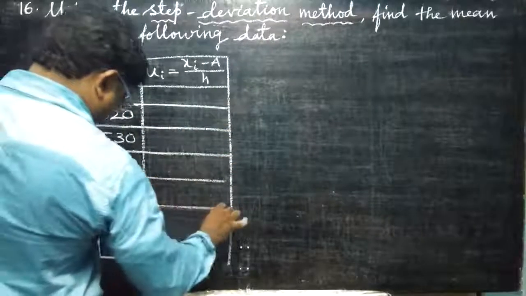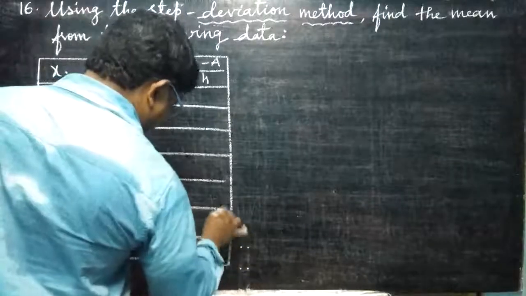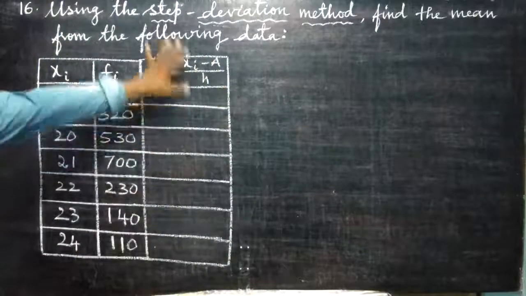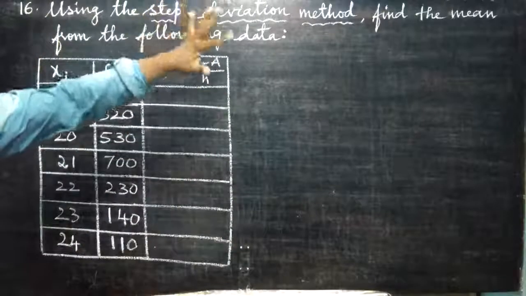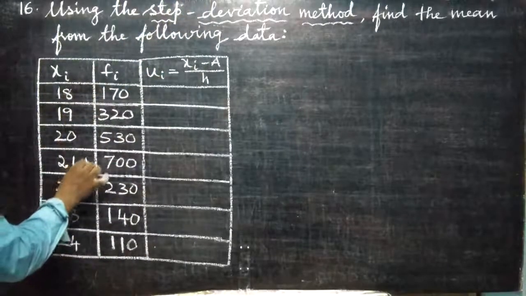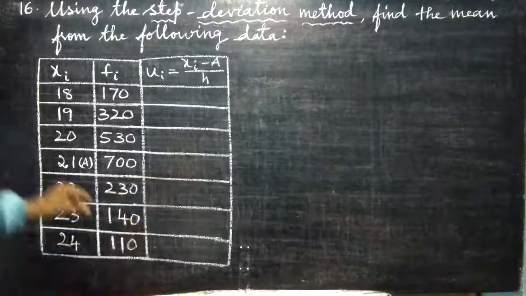Now listen carefully. What is the ui formula? xi minus a. In the before problem we did only xi minus a. Dividing by h is the only extra, step deviation. In that we are going to assume any one as a. Always the middle one we will take as a. A means assumed mean.